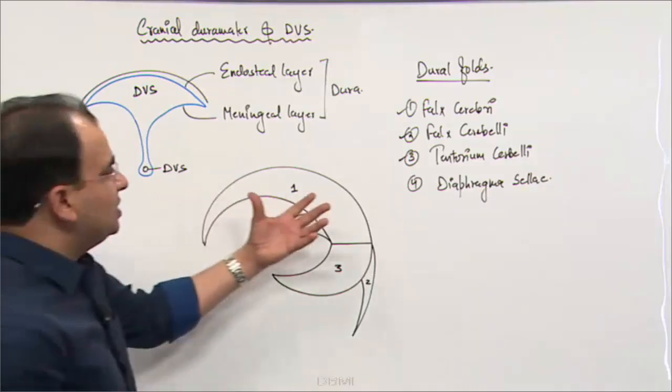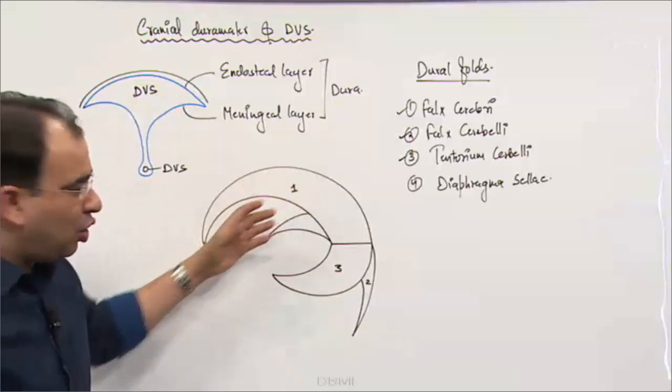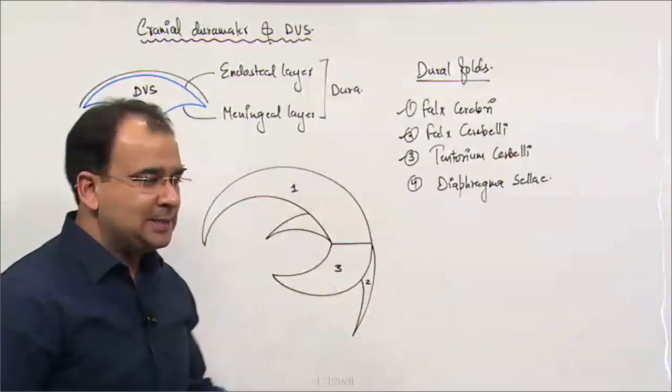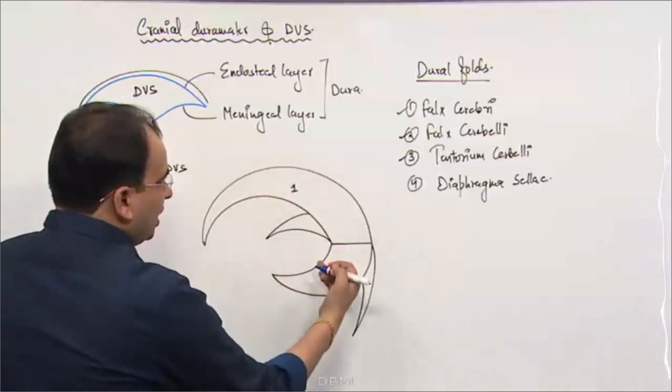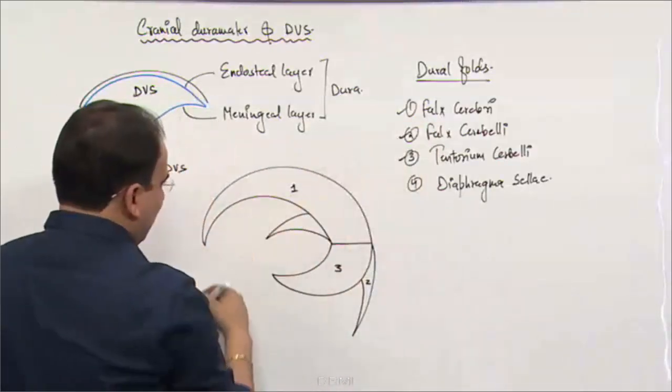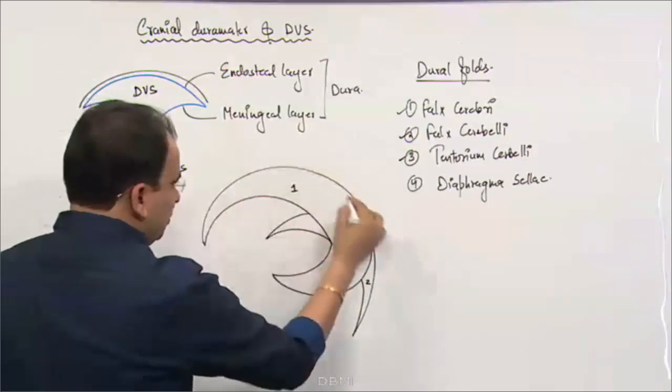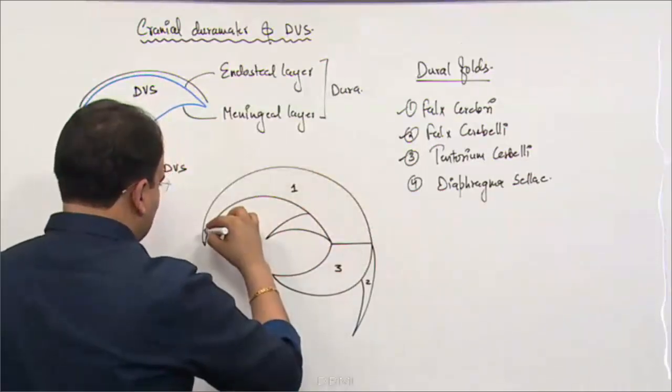The dural folds are holding the dural venous sinuses inside, so all these dural folds will have dural venous sinuses. Along the upper margin and lower margin of falx cerebri, we have two dural venous sinuses. One is called the superior sagittal sinus and the other the inferior sagittal sinus.